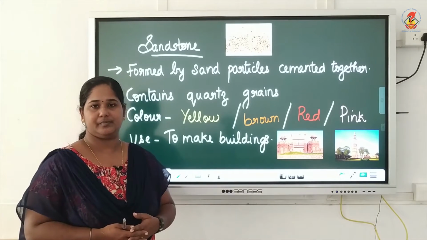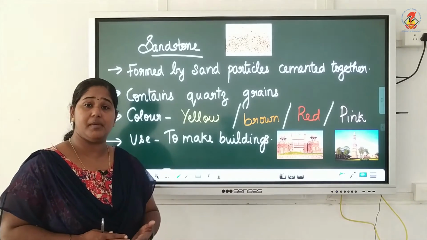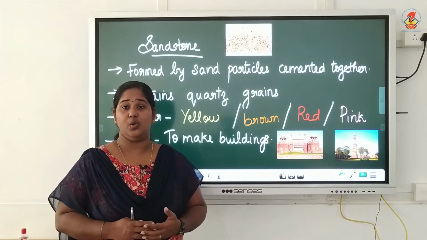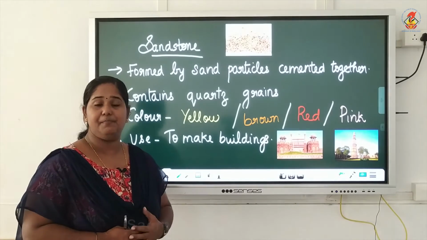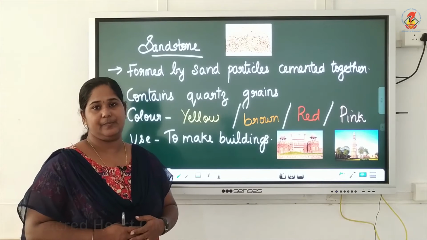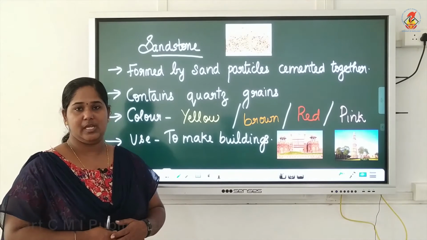So which rock is used to make the Red Fort and Qutb Minar? It is sandstone. What is sandstone? It is a sedimentary rock formed from sand particles cemented together by quartz grains. So this is the first type of sedimentary rock.